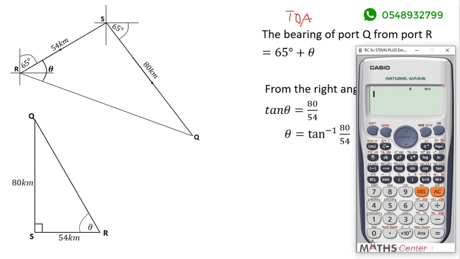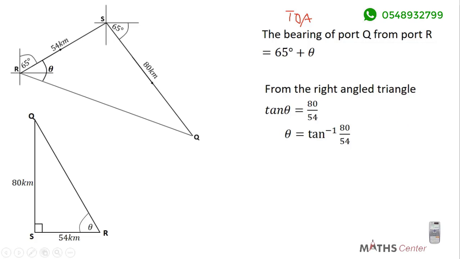We know how to do that, right? You press shift, then you press tan. Then you bring your division sign, 80 divided by 54. From there, you close the bracket, and it gives us 55.980, and it goes on and on.